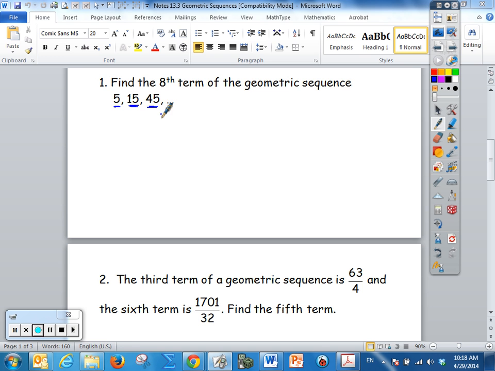So we know our a sub 1 is 5, and we know our r is 3. So we just use the formula that we will have memorized for the nth term. a sub n equals 5, which is our first term, times the common ratio 3 to the n minus 1.